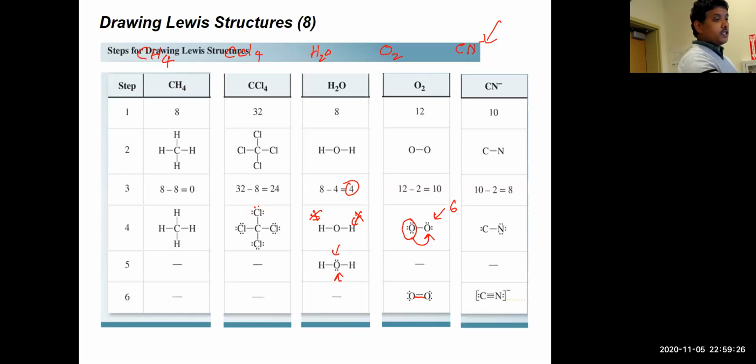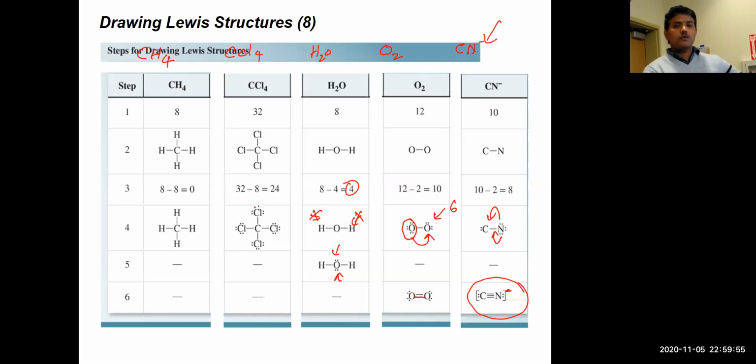So you're going to redistribute 1 lone pair to have 6 electrons and 1 more lone pair to have a total of 8 electrons. That is how you would end up with C triple bond N with a lone pair around carbon. And don't worry about how you got this negative charge for now, because we are going to learn that in section 6.4. Okay.